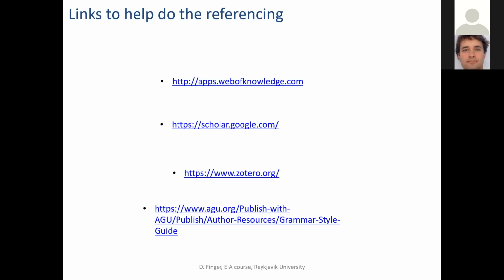So if you find a report from a company, then that is also, of course, acceptable. And some information you will only find from companies, but then it's important that you still reference it in a correct way.